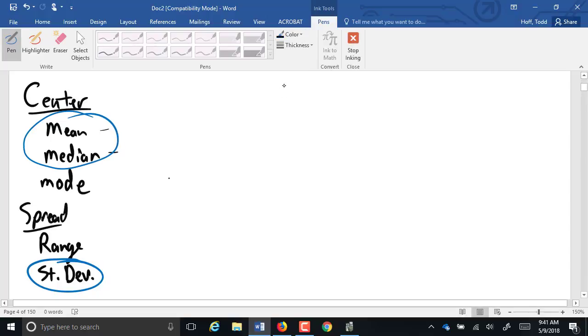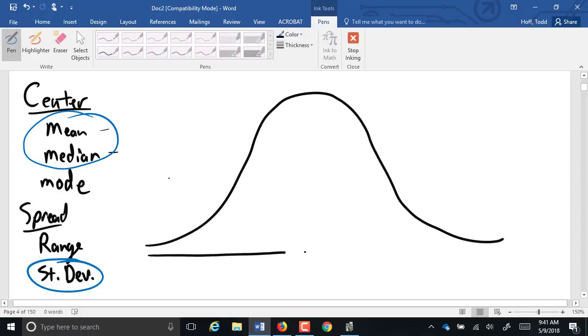What we're going to talk about today is we're going to go back to that distribution, that bell-shaped curve. And that bell-shaped curve has some standard characteristics that are extremely useful.